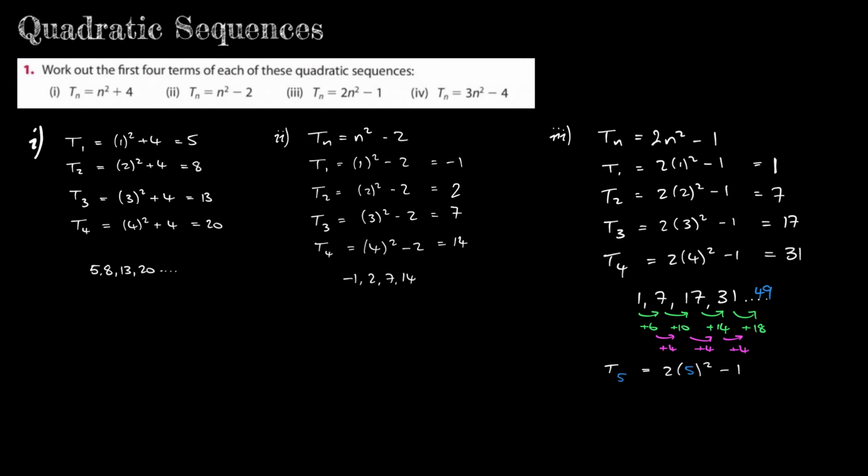So that's just our nth term, same as that. So that will give us 2 times 5 to be squared. So 5 squared will give us 25. 25 multiplied by 2 will give us 50. And 50 take away 1 will leave us with 49, which is what we worked it out to be. Okay. So that's that one done.